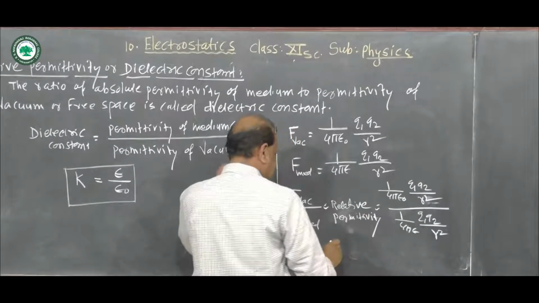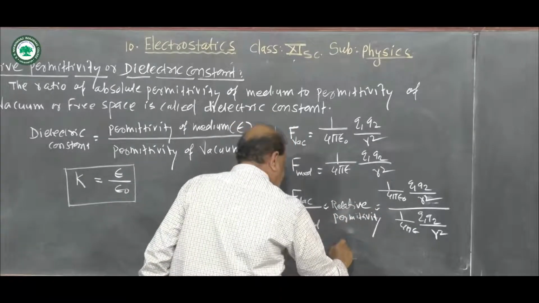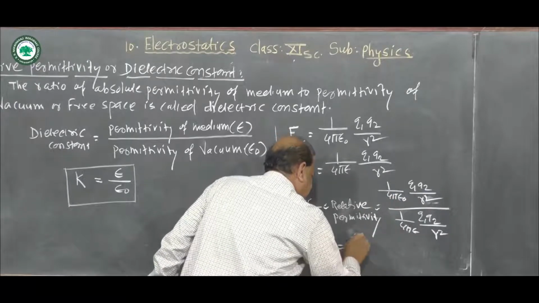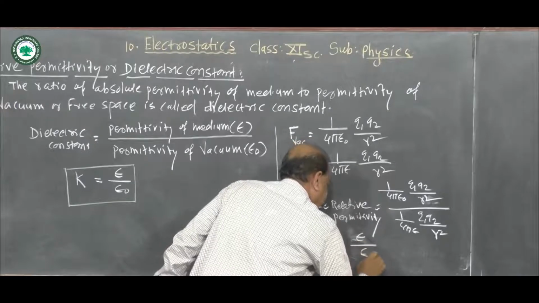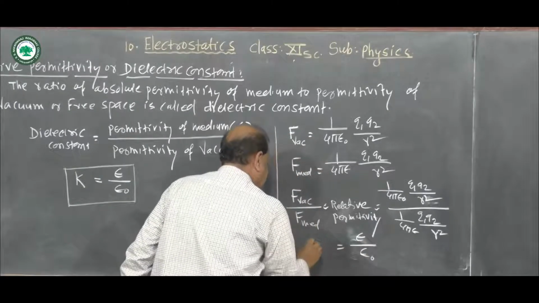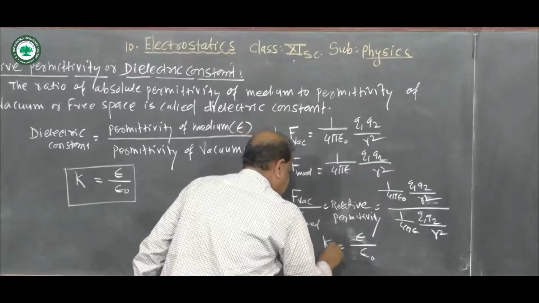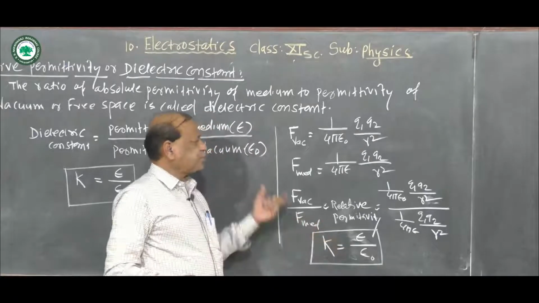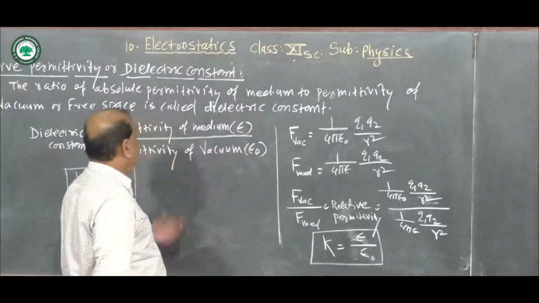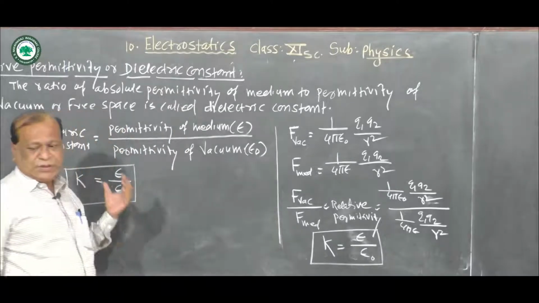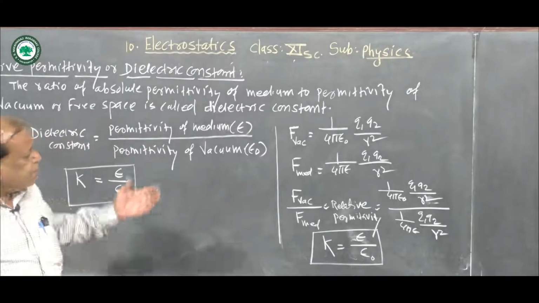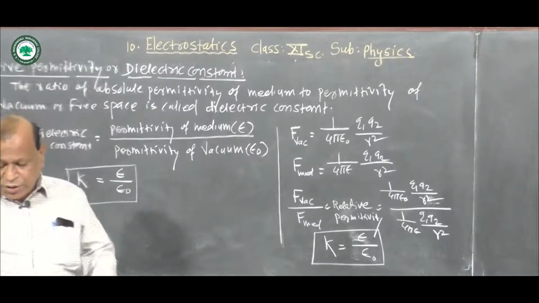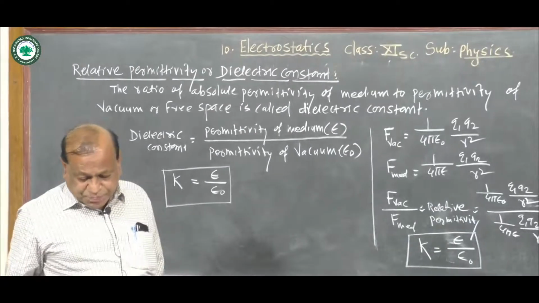Now cancel the common terms and you get epsilon divided by epsilon 0, and this is the dielectric constant K. This is again the ratio of two permittivities. In this way we can explain the relative permittivity or dielectric constant.